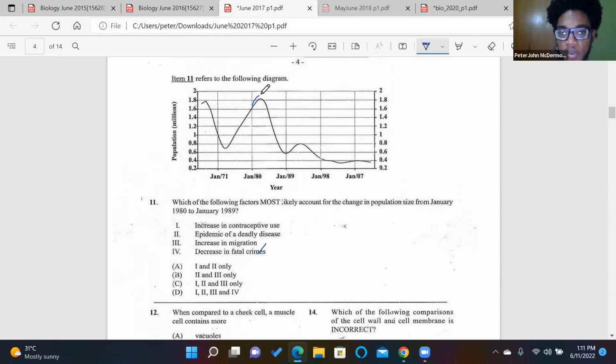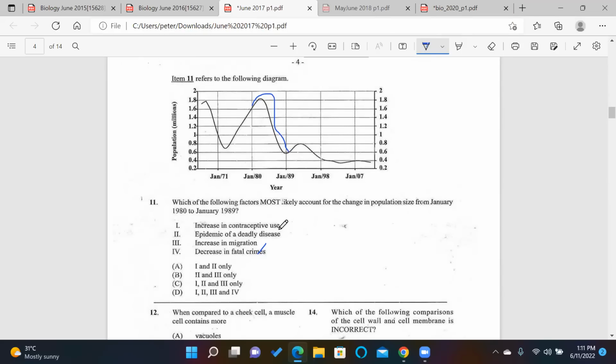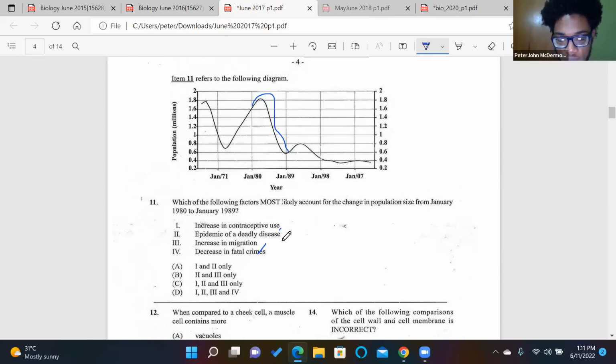So what do we notice about the population? The population is increasing or decreasing? Decrease. So increasing contraceptives, would that increase or decrease the population? If people start using more condoms and birth controls, is that going to increase or decrease the population?